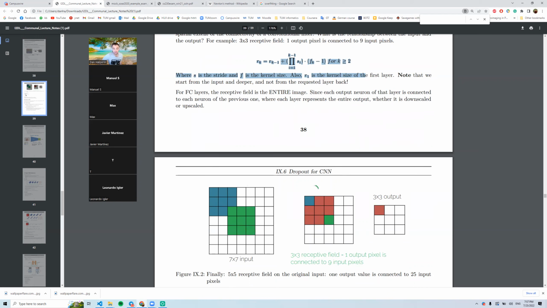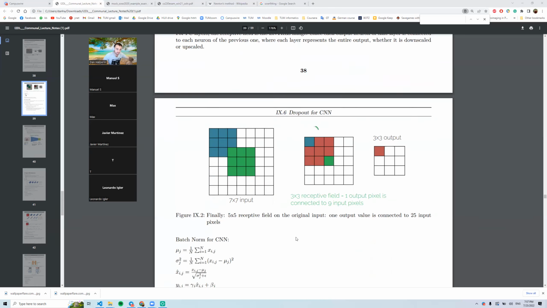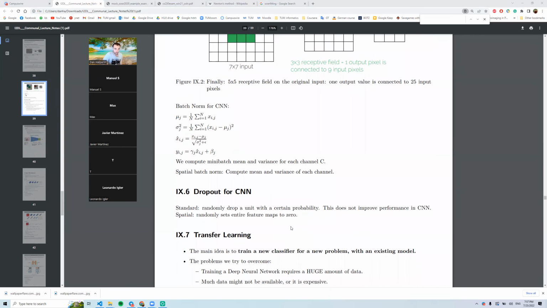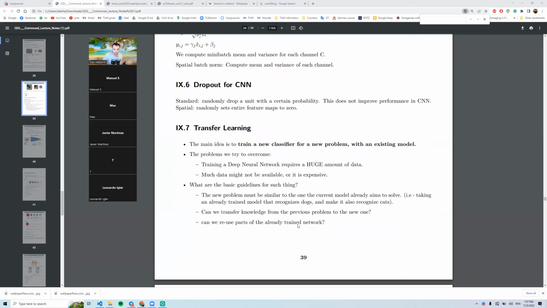What is the receptive field of a fully connected layer? All image. Thank you very much. Remember that, because it eventually takes the data from the entire image input. We always talk about the input to the network, not layers.